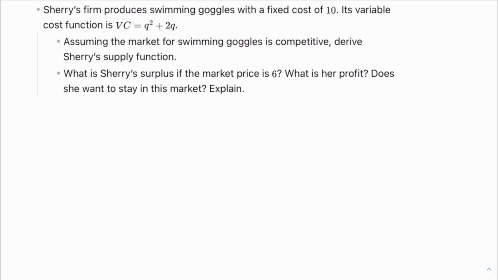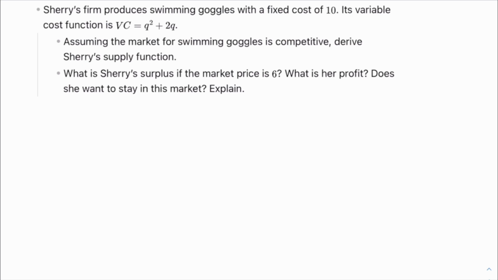So find out the marginal cost function first, and then see if there is any reason we need to take care of the shutdown point or not. If the price is over the shutdown point, we will go for producing. So she is going to produce. That is the composition of the supply curve.